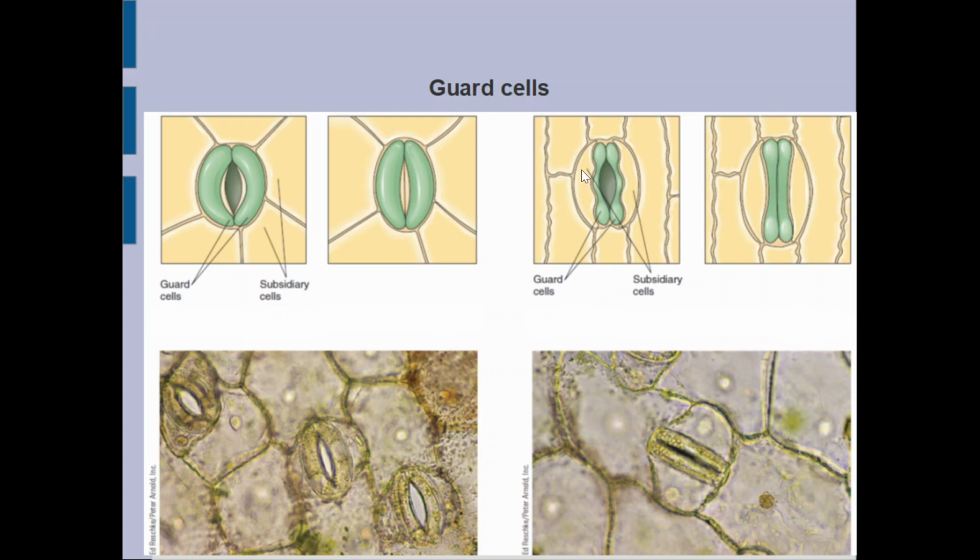Subsidiary cells can be here. This is another type of guard cells, and you can see here clearly that the guard cells will open and close, and the subsidiary cells will help to open and close the guard cells.